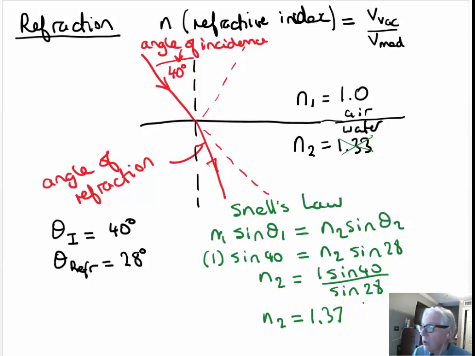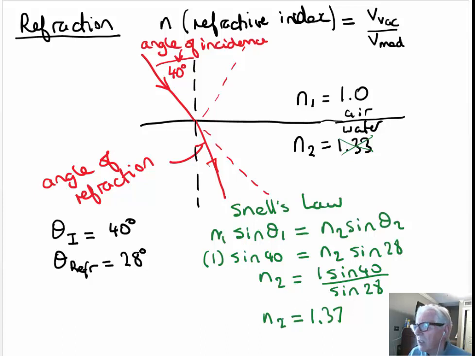And if I went to 29, sine 40 divided by sine 29, enter, 0.99. So a little bit of a change makes a big change in the value of n2.